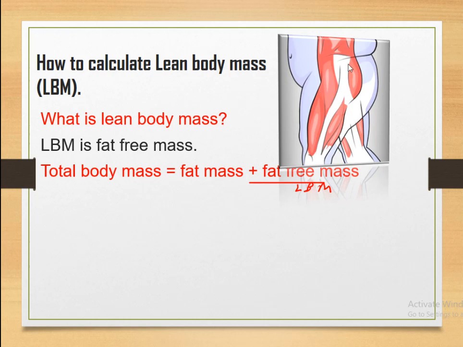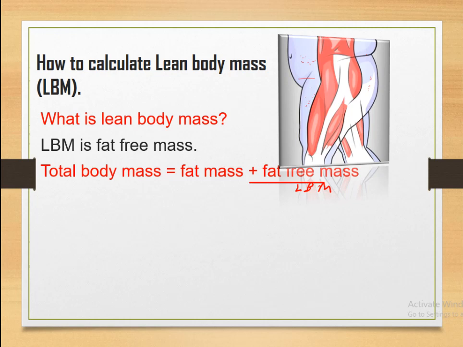Like in this case, this guy, the belly, the laps, the bums, all these things are made up of fats. When you remove the fats, you have the muscles and the bones, those things which remain, they are the fat-free mass. The fat mass is the mass of fats, of course. So the total body mass is equal to the fat mass plus the fat-free mass.